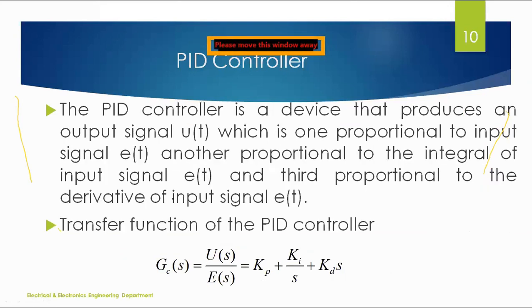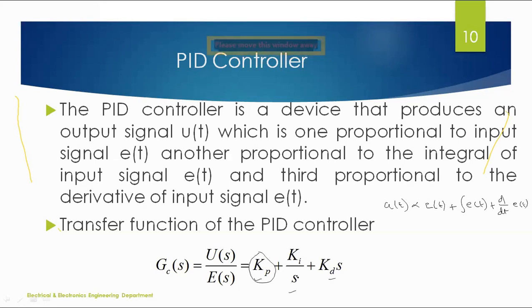Then that is the PID controller. Here u(t) is proportional to e(t) plus the integral of e(t) plus d by dt of e(t). After taking the Laplace transform, we get Kp plus Ki by s plus Kds.